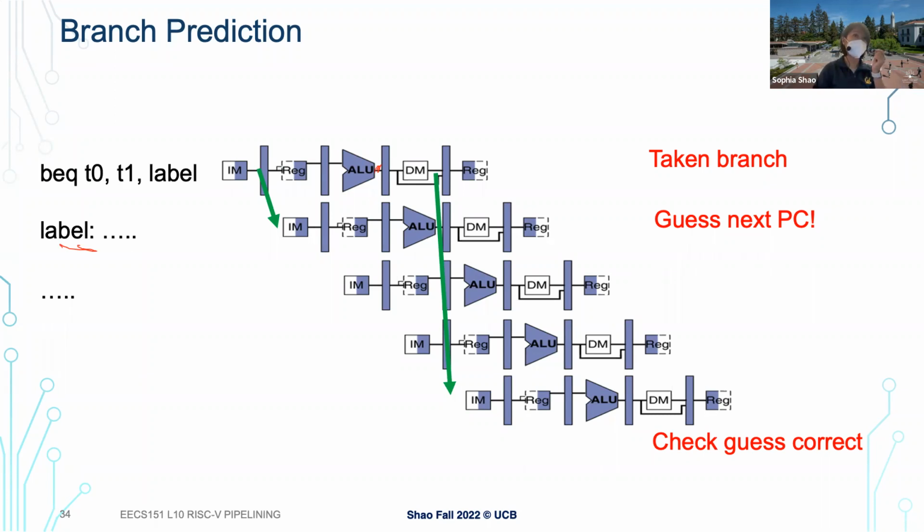If I have a prediction strategy to predict either taken or not taken, I can always calculate the target early, as long as I have the current PC and my label, my offset. I can have a dedicated ALU or dedicated adder there. So I don't need to wait here.